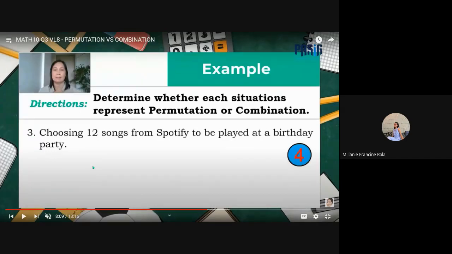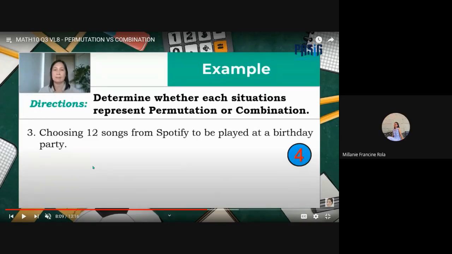Sino yung sumasagot? Lola, ma'am. Okay. So, permutation siya kasi? Pag namili ka po ng 12 songs, magla-line up po siya, ma'am, kung ano yung mauuna.